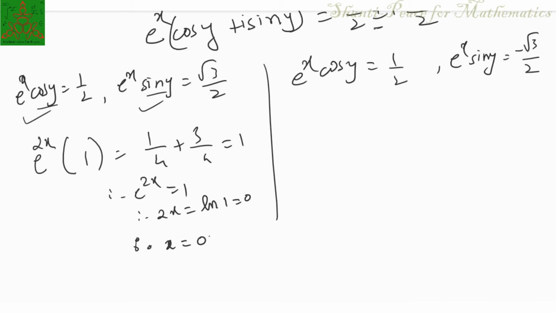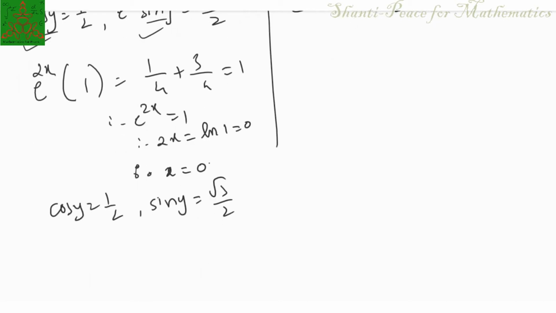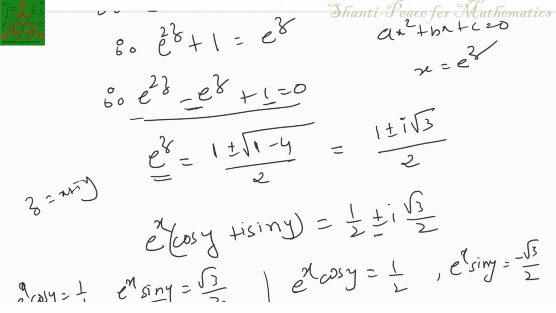Since x is 0, cos y is 1 by 2 and sin y is root 3 by 2. Therefore y will be pi by 3 plus 2n pi, where n belongs to z. In the similar manner, for the other case, you square the two quantities and add them.